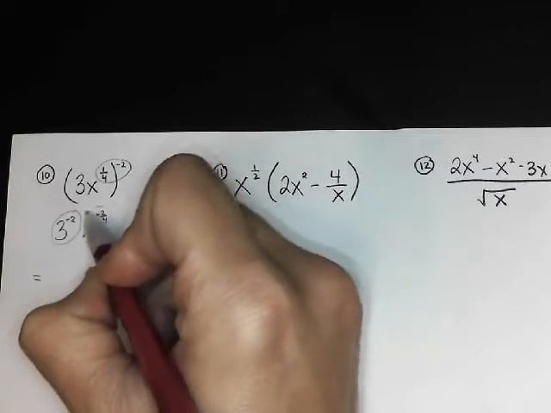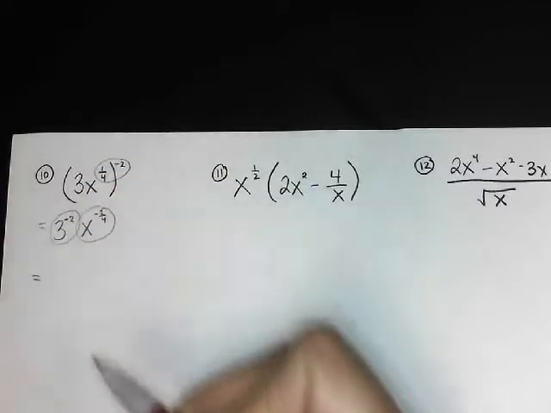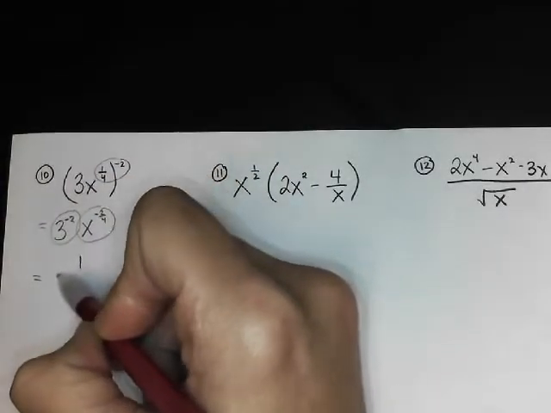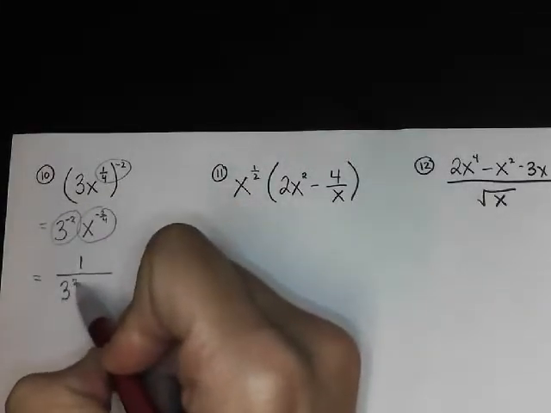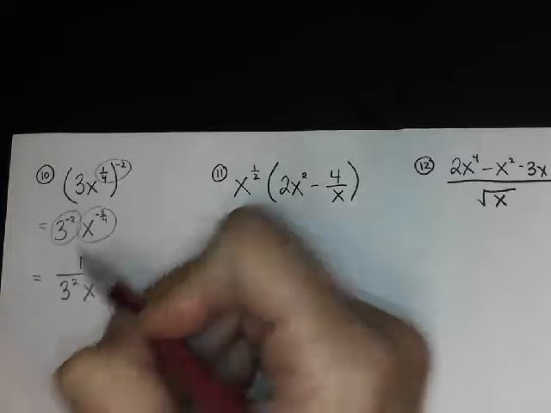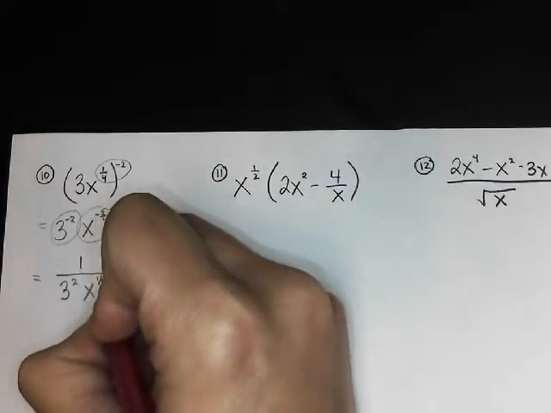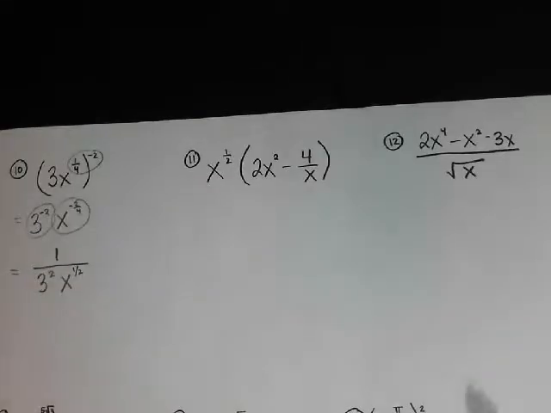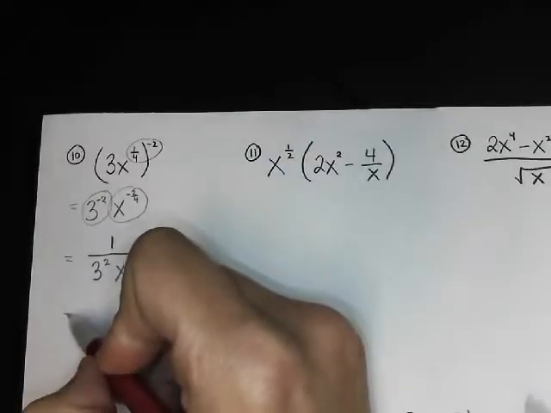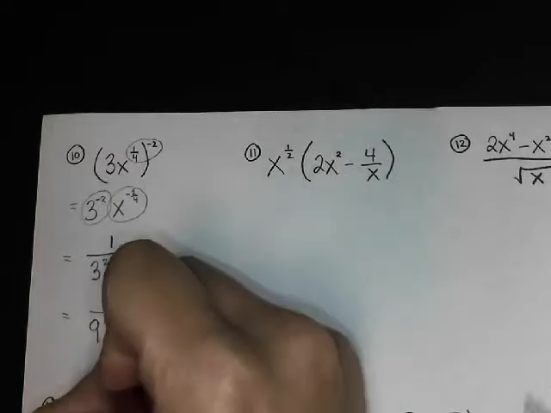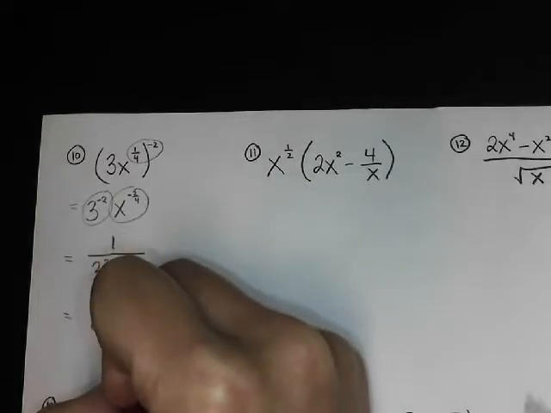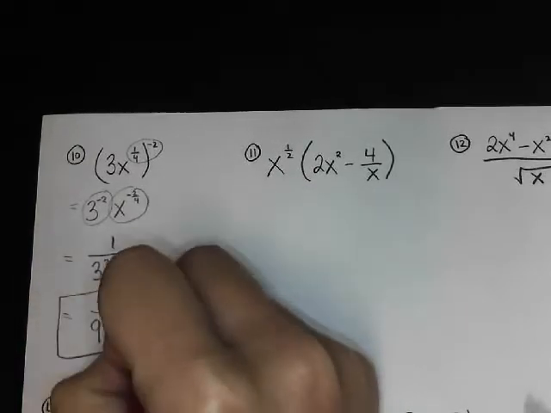So that moves to a denominator, that moves to a denominator. And so we placehold the numerator with a 1. So over 3 squared over x to the positive 2/4, which I'm going to reduce now to 1/2. So the 3 squared I can make a 9, and the x to the 1/2 power is the same as the square root of x. There's your final answer.